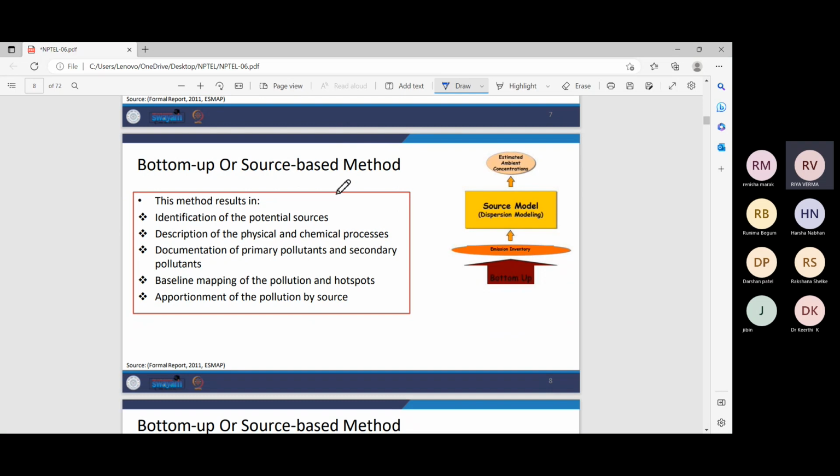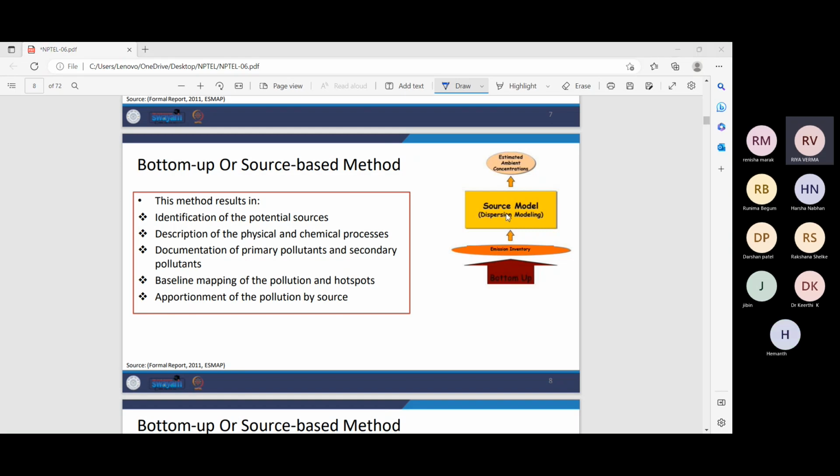Next, what are the results that we obtain from these bottom-up or source-based methods? Here we get to identify the potential sources of pollution in any particular area. Then we describe the different physical and chemical processes by which these pollutants can be dispersed in nearby areas. Then we can bifurcate the total pollutants into primary and secondary pollutants.